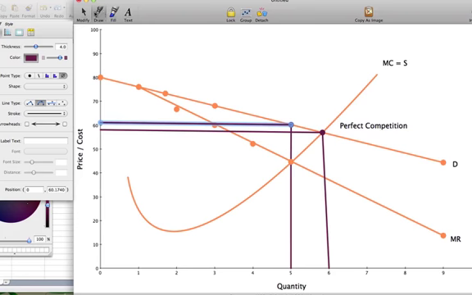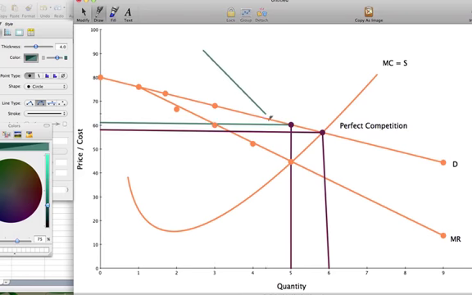This maximizes the monopoly's profits, and we can see that by adding in the average total cost curve. So let me add in the average total cost curve here to our graph, and label it.